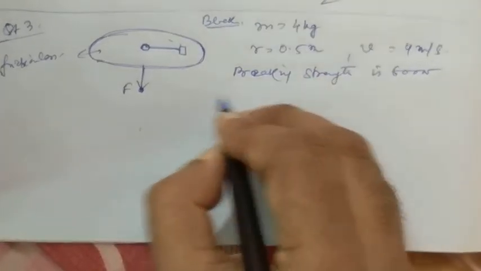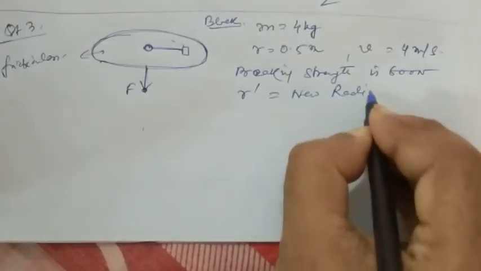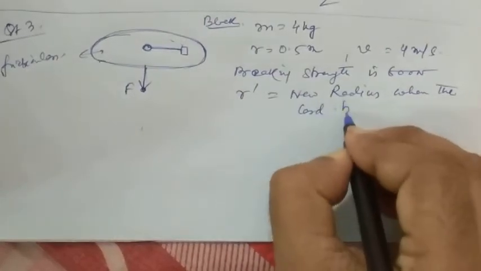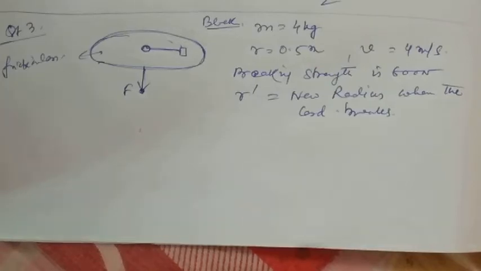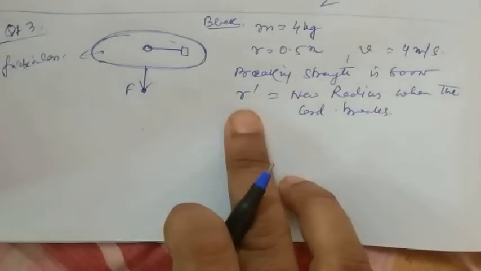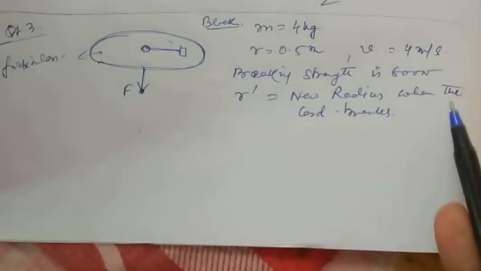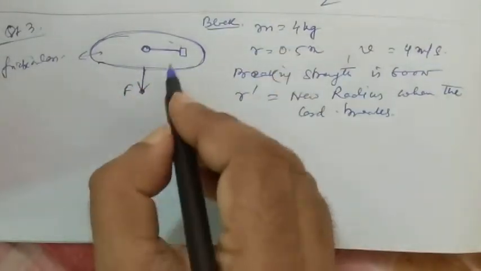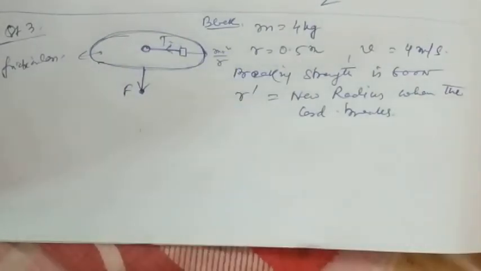Now what will be the new radius, r dash, when the cord breaks? The problem is a little bit lengthy, but the solution is very, very small. So we have to find out the value of r dash, which is the new radius when the cord breaks. The breaking strength is 600 newtons. So the force acting on this block initially, you can write, is the tension force inwards and the centrifugal force acting outwards, that is mv square by r.